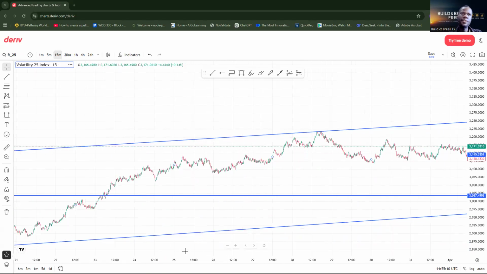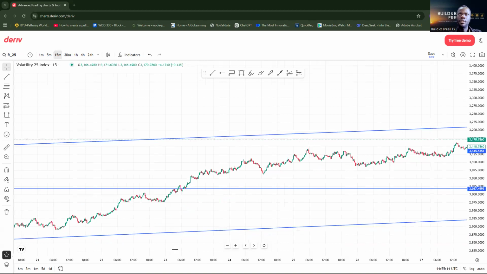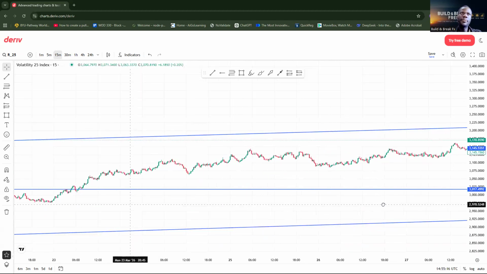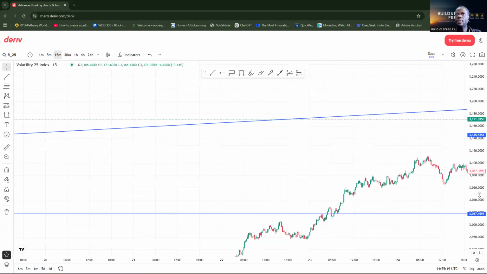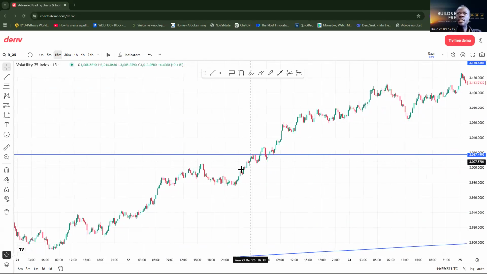It didn't just break one time. Let me just zoom it. It didn't break once. You can see it comes down and touches and then it goes down. And then it comes down and kind of closes below and then starts another one. And then it went up.